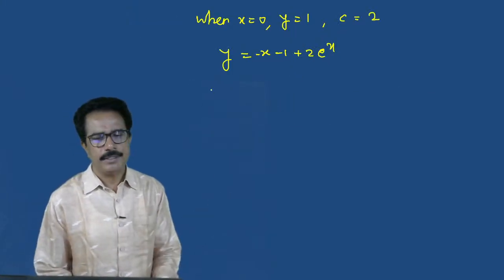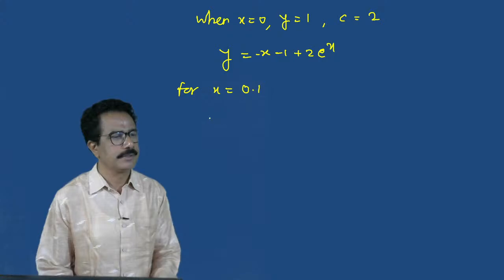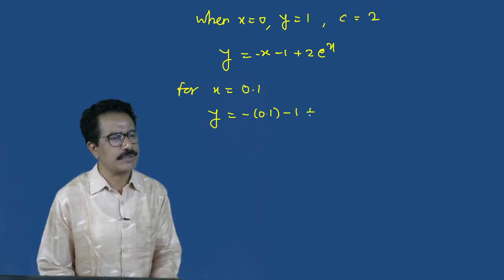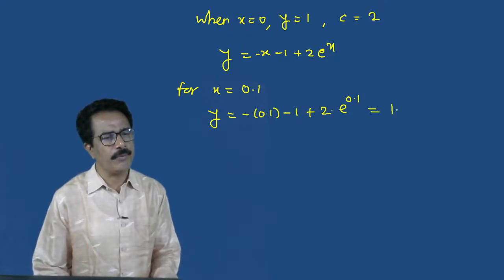करा तुम्ही. So therefore now for x is equals to 0.1, therefore y is equals to minus 0.1 minus 1 plus 2 into e raised to 0.1, that will be 1.1103.